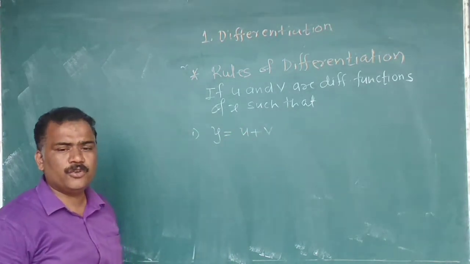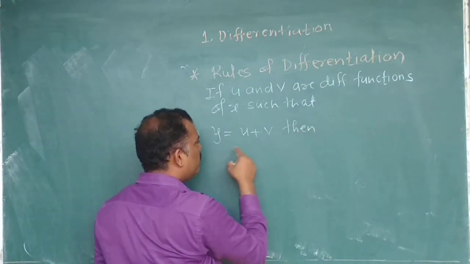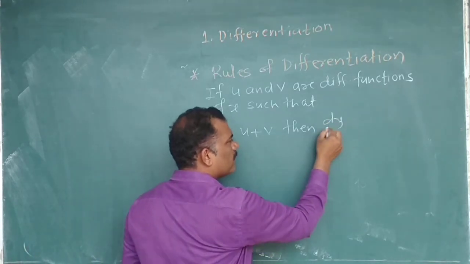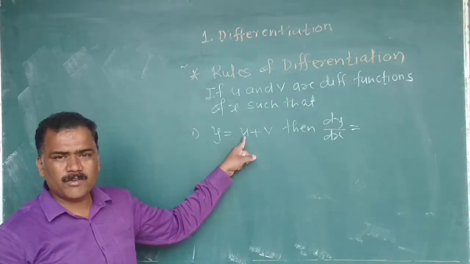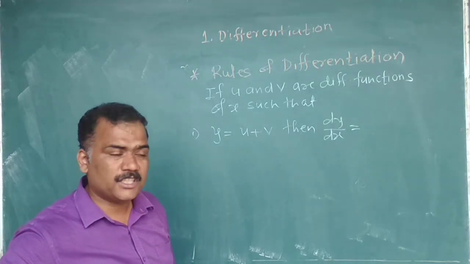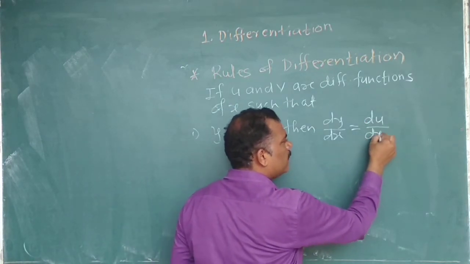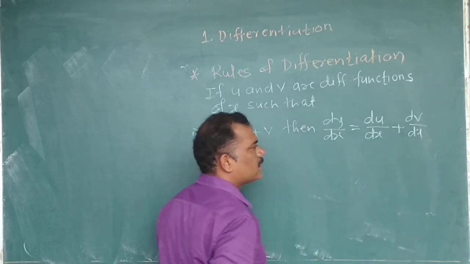Then we take the derivative of y with respect to x: dy by dx is equal to du by dx plus dv by dx.